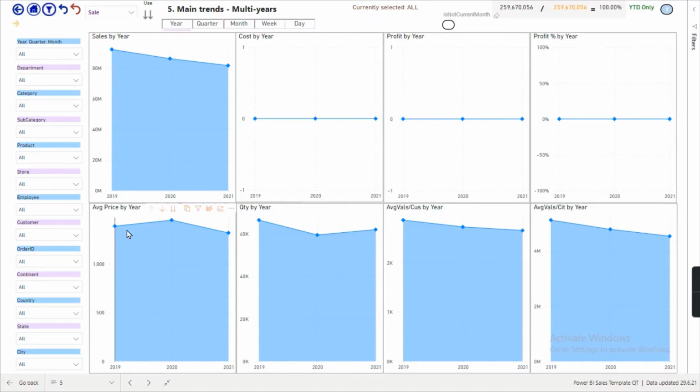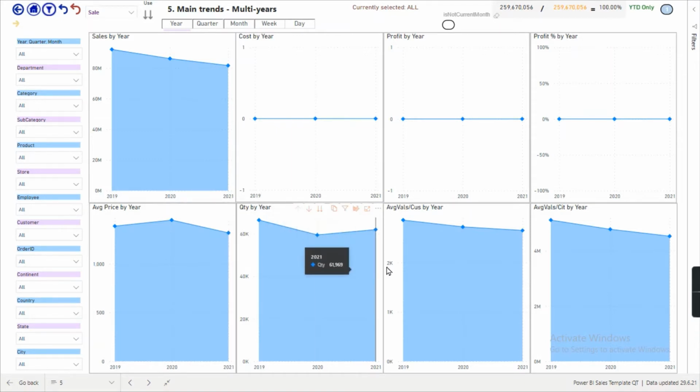Average price goes up and down, and quantity goes inverse, down and up. It makes sense. The retail chain increase the average price of each product, and it sold less quantity. Then the price goes down and the quantity goes up again. That makes sense. But the sales still goes down even if the quantity is going up because the price is down.